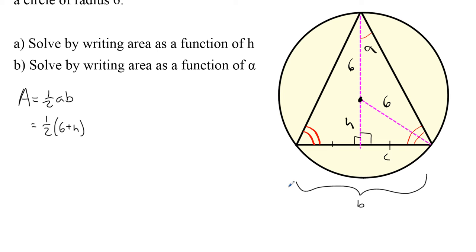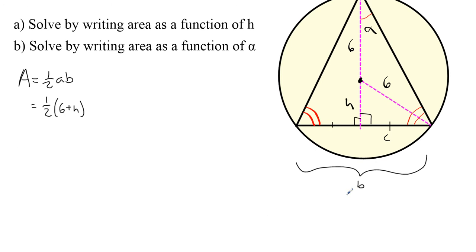If I call this c, we can use the Pythagorean theorem and say that h squared plus c squared is equal to 6 squared, because we have this right triangle. The 6 is the hypotenuse, and the h and the c are the two sides. I'm trying to solve for c right now, so c squared will be equal to 36 minus h squared, and then c would be equal to the square root of 36 minus h squared.